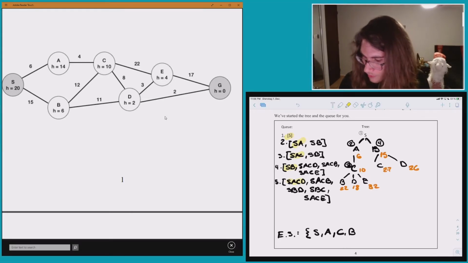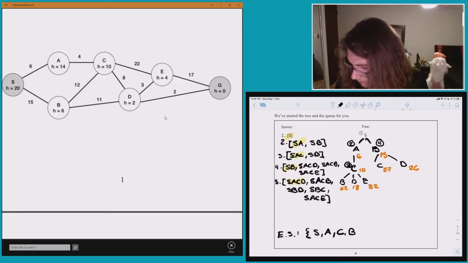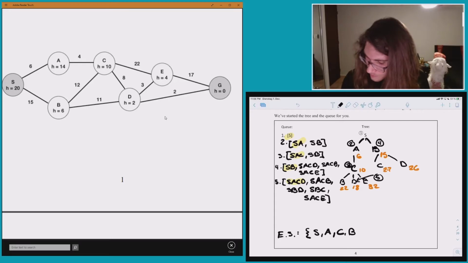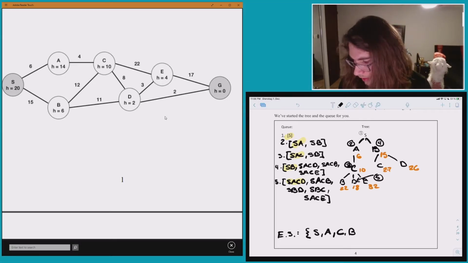SACD is popped off the queue, which means D is number 5. D goes to either E or G. Or actually, either E or D or B, because B is technically not a loop.